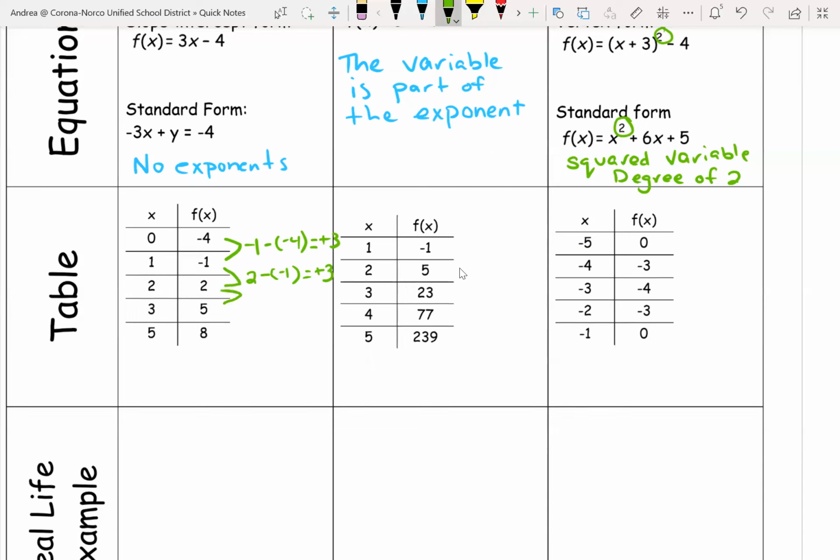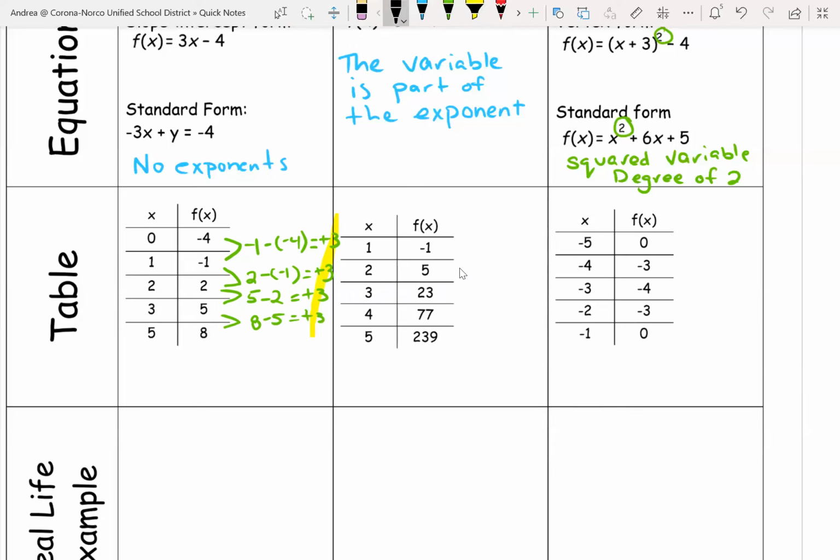Between 2 and 5, I had to add 3. And between 8 and 5, I also had to add 3. Since these are all the same, that is a linear function. Okay, that's the key.